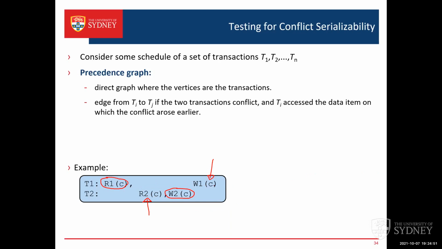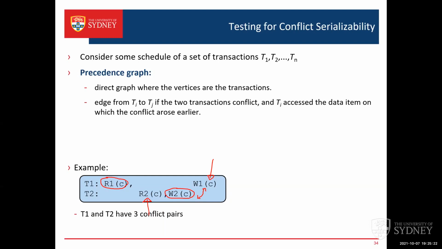Yes, for the same reason as the previous one. What is the third one you have found? Yes, excellent. You found these two as well. Good job. W2C and W1C is a conflicting pair as well. So this one has 3 conflicting pairs.